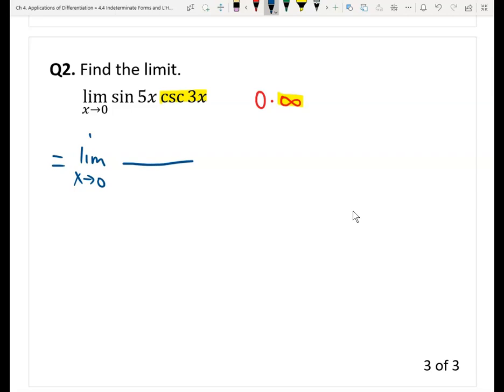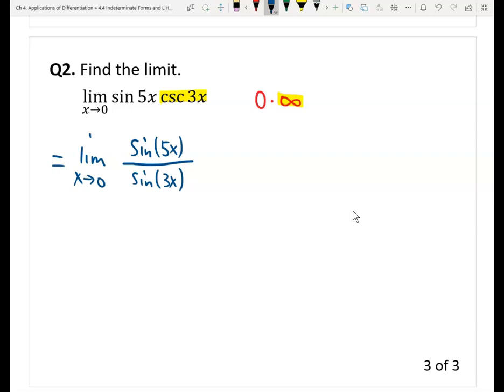So what we have left on the top, of course, sine, let me put the parentheses, 5x. So cosecant goes down to the denominator, which is the reciprocal of cosecant. What is that? That's sine, right? At 3x.